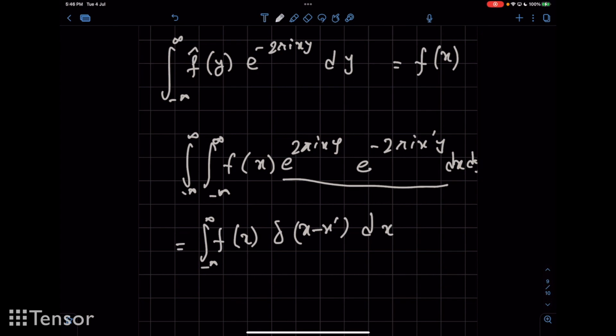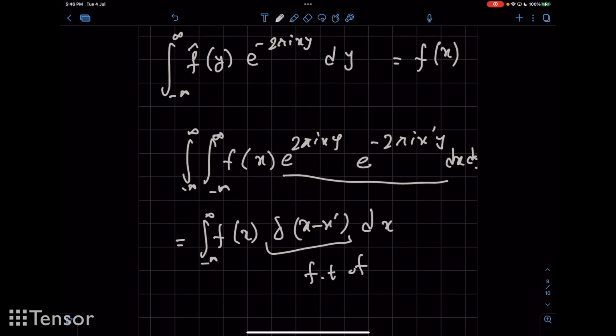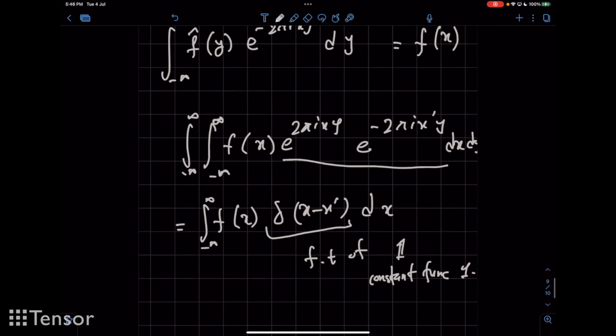And the delta of x minus x prime is defined as the Fourier transform of, not the identity, the Fourier transformation of the constant function 1. So this is the constant function 1, that maps everything to 1. So the Fourier transformation of that constant function is the Dirac delta distribution.